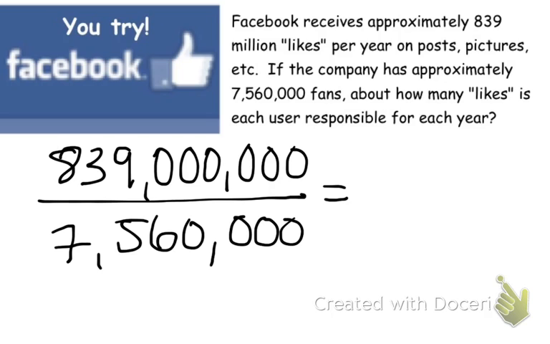I have expanded 839 million into scientific notation. So to figure out how many likes each user is responsible for each year, we must divide the number of likes by the number of fans. Before I do this, I'm going to convert my numbers into scientific notation.